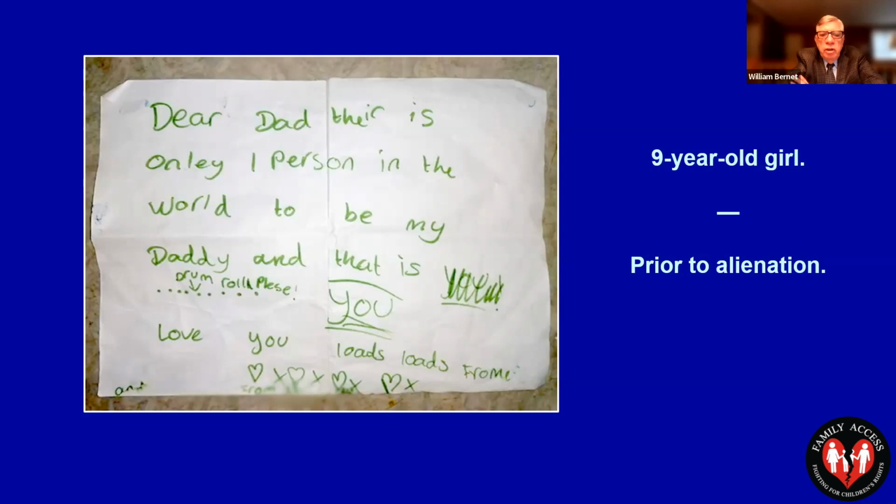And there's hearts and kisses at the bottom. And I think it's kind of cute. See, in front of the word you, it says drum roll, please, which is kind of a nice touch, that this child is really conveying that she has a wonderful kind of sweet relationship with dad. So that's neat. That's wonderful.